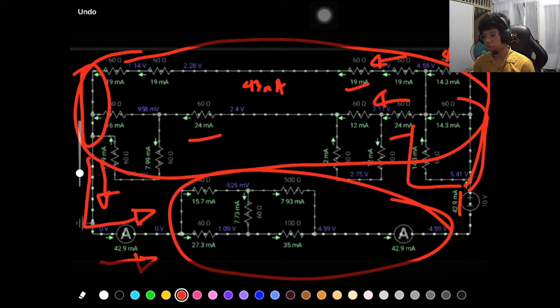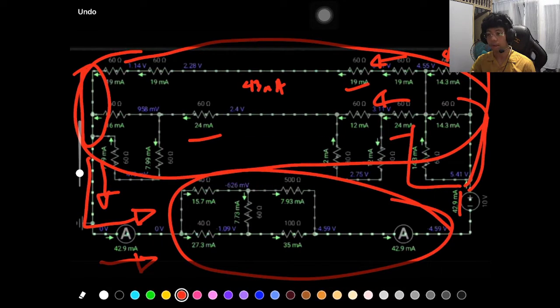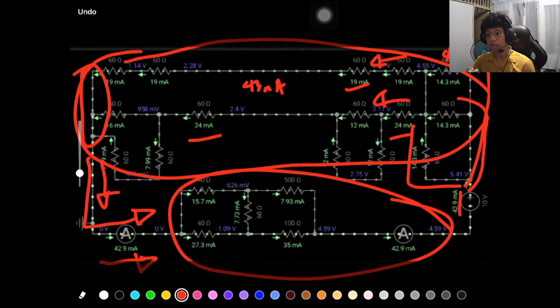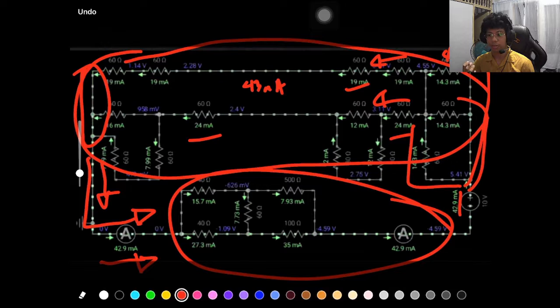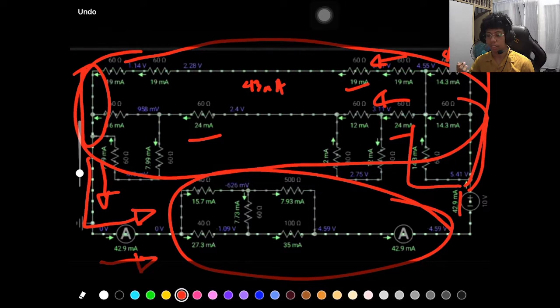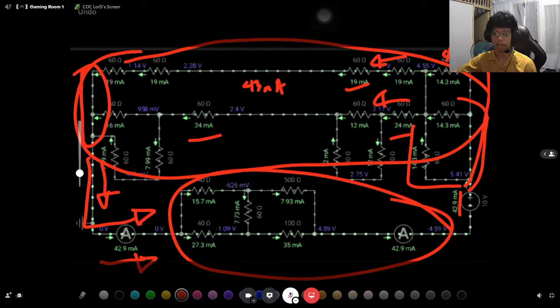So the sum of electrical current that enters a certain electrical path or node is equal to the electrical current that leaves a certain electrical path or node. Meaning to say, Kirchhoff's law is applied in our circuit and it is proven here. So that's it. Thank you.